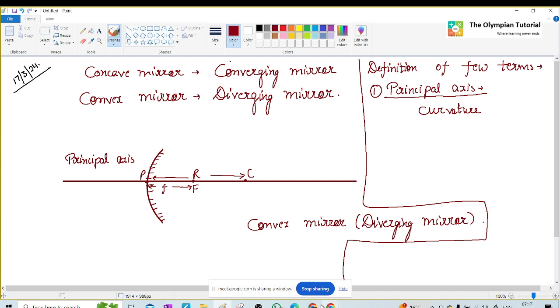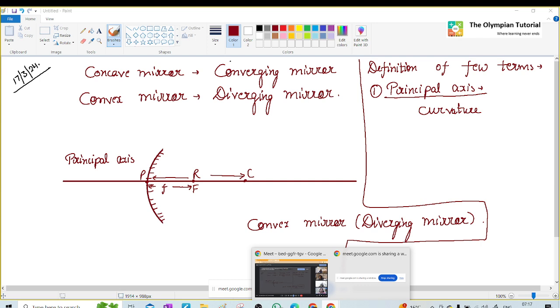Line joining the pole and center of curvature of the spherical mirror is called principal axis.